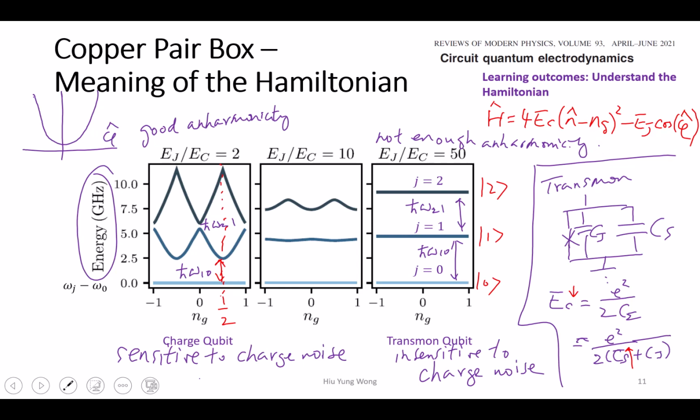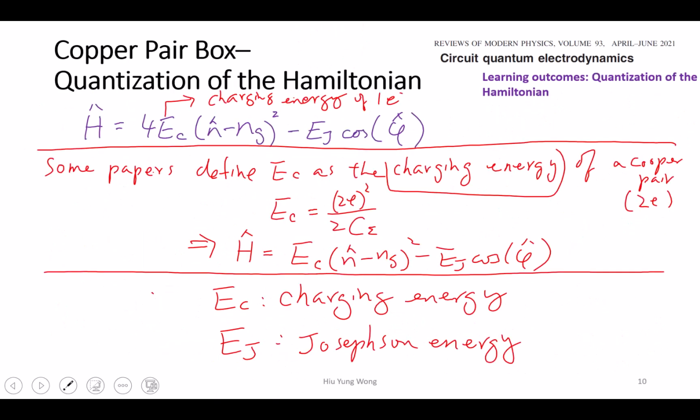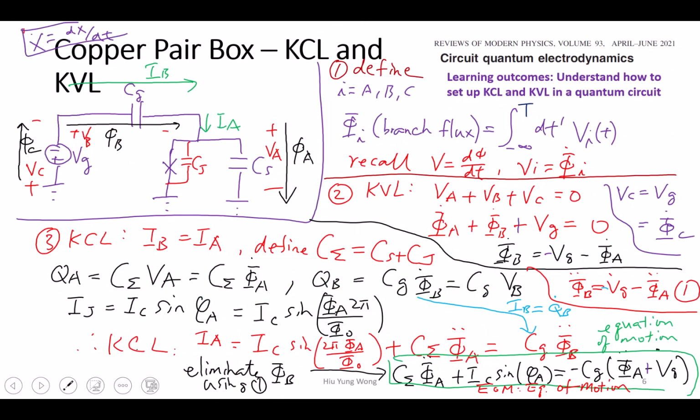Any noise can be modeled as something like this, right? I can have a noise like this. This plays exactly the same role as the CG, right? Coupling. Or maybe noise comes from here, then you use CG to do the coupling, right? So this is called charge noise.